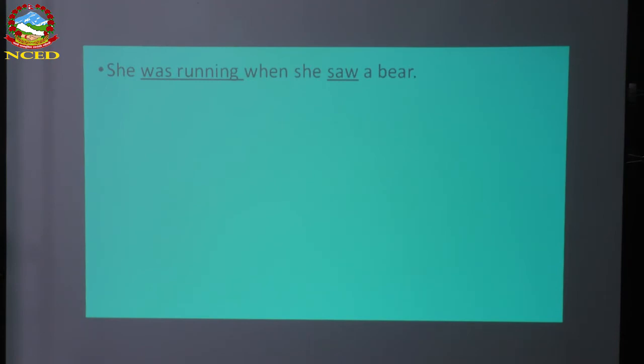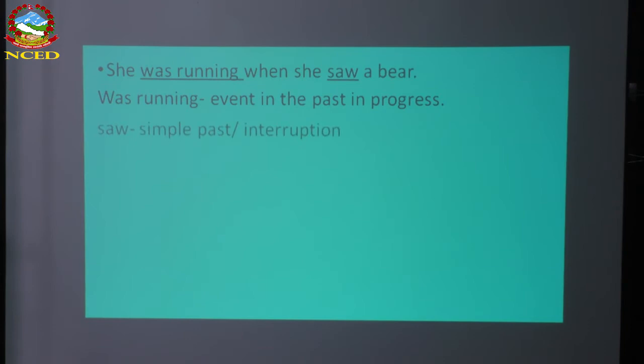Okay, some more examples. She was running when she saw a bear. She was running and she saw a bear. So was running is in the past, in progress. It is happening in progress. And saw is simple past, interruption. This activity interrupted the first action, running.